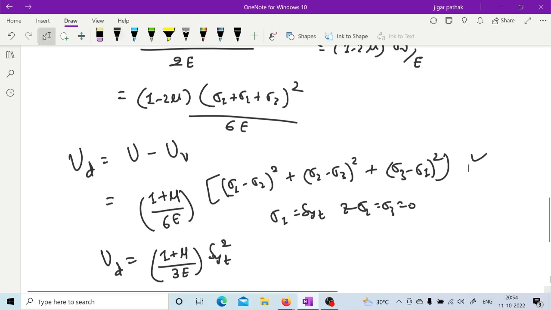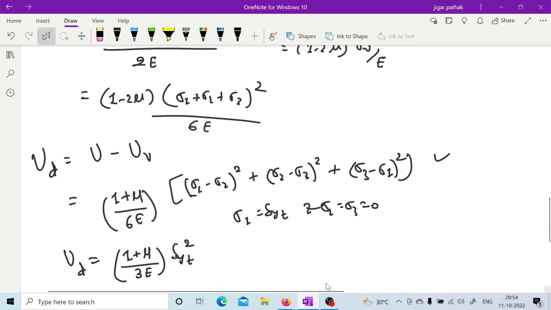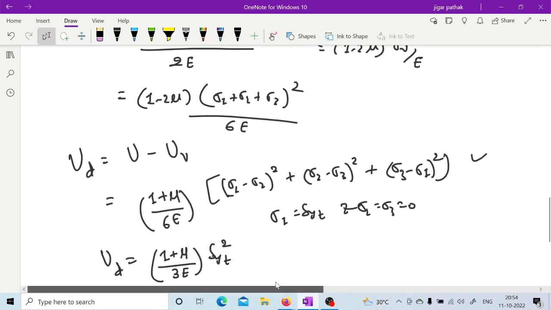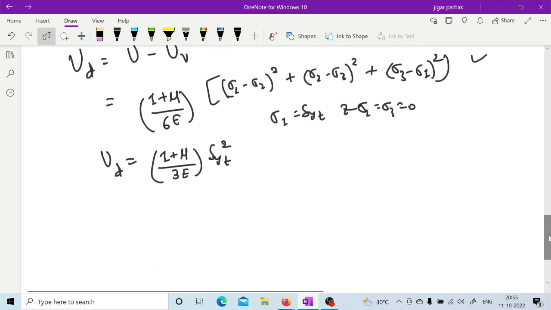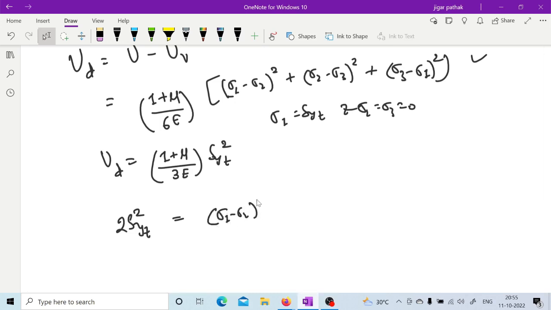So if you equate this, you will end up with 2 SYT square is equal to (sigma 1 minus sigma 2) square plus (sigma 2 minus sigma 3) square plus (sigma 3 minus sigma 1) square.